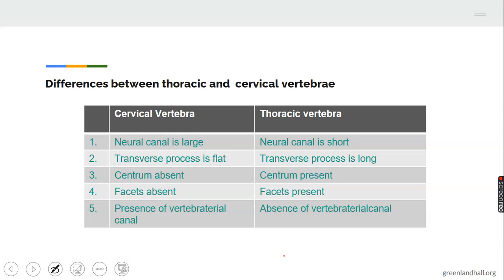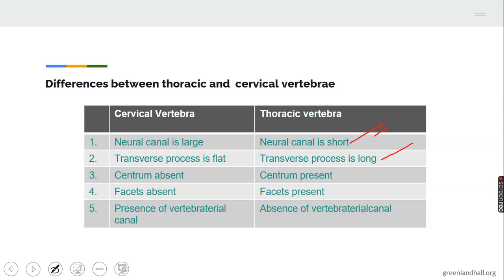Among the differences is that the cervical has a large neural canal, while the thoracic has a short neural canal. The cervical has flat transverse process, while the thoracic has long transverse process. Under the cervical, facets are absent.